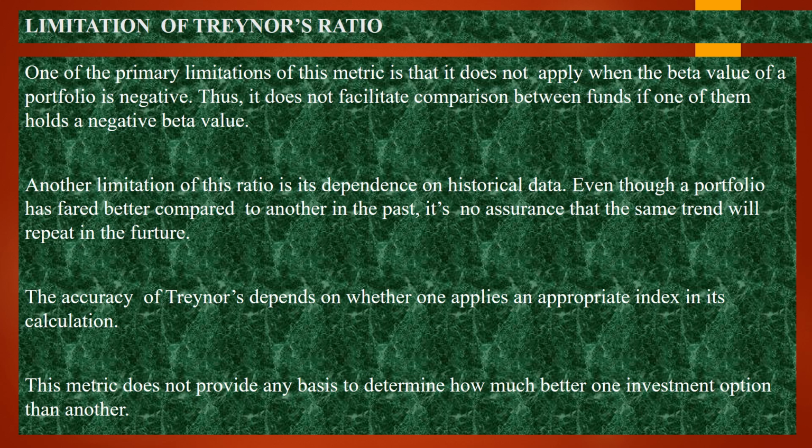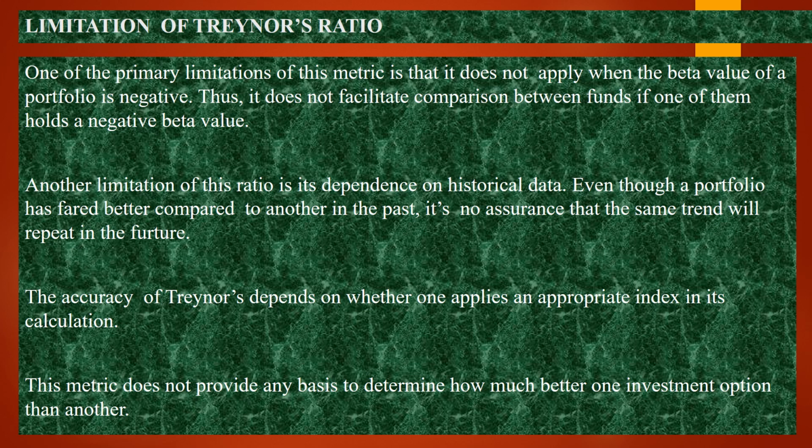Another limitation of this ratio is its dependence on historical data. Even though a portfolio has fared better compared to another in the past, it's no assurance that the same trend will repeat in the future.